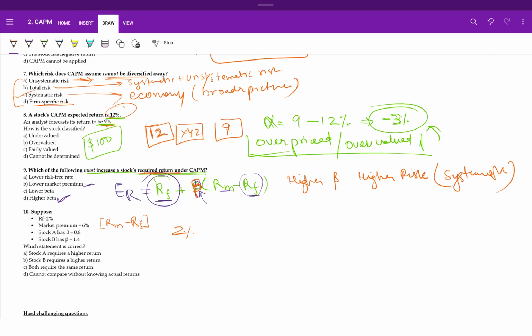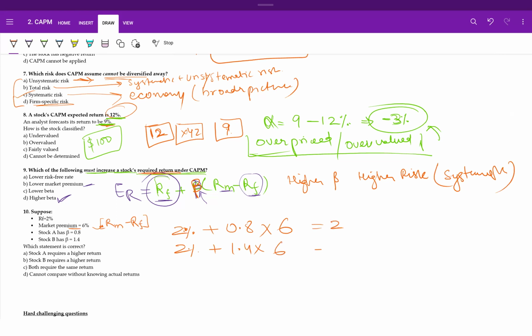Don't make the mistake of understanding this as RM. So the market risk premium is 6%, and the risk-free rate is 2%. The first case is that the beta is 0.8 and the market premium is 6%. And the second case is beta is 1.4 and the market premium is 6%.